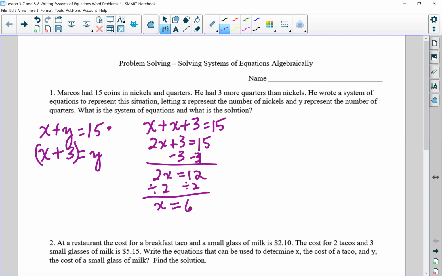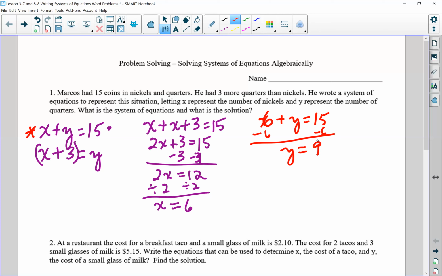Now we need to figure out quarters. So we go back, and with either equation, we can figure out what y is. I'm going to use this one again. X is 6, 6 plus y equals 15. I subtract 6, and I get y equals 9.